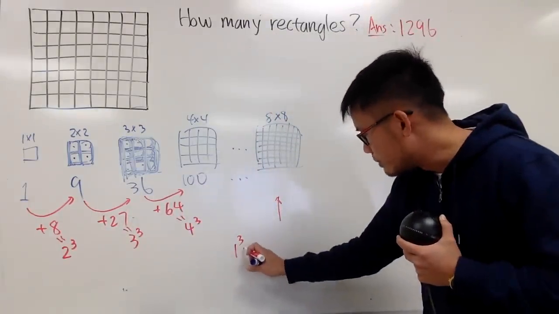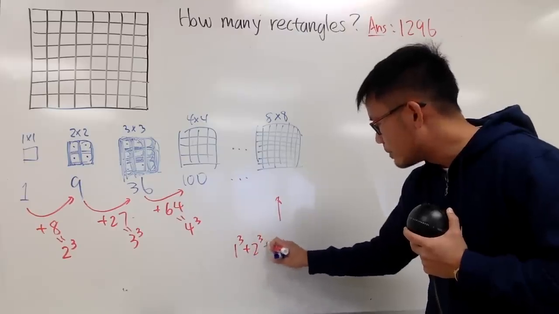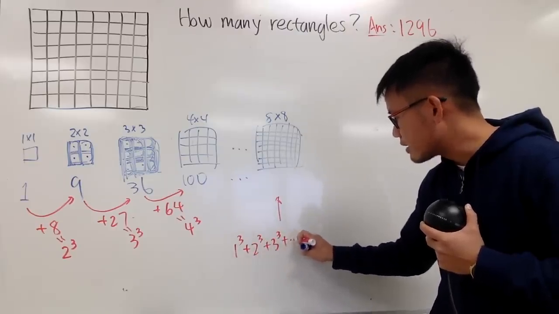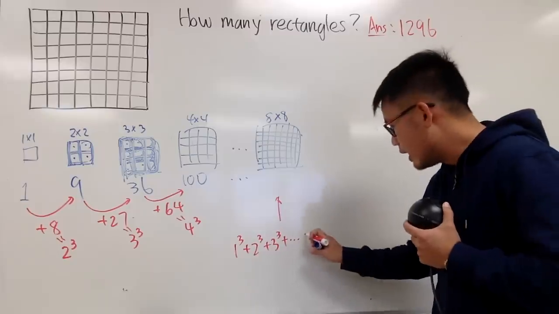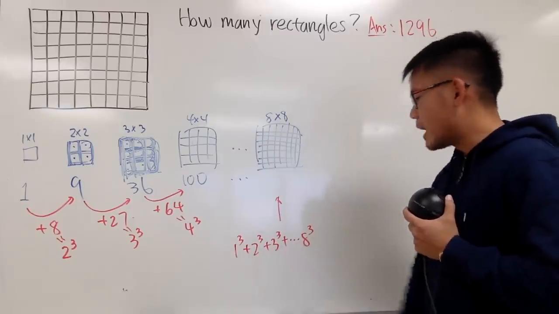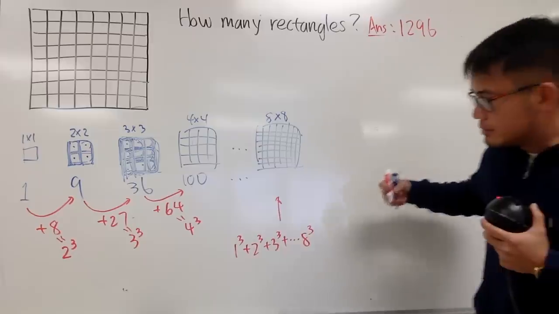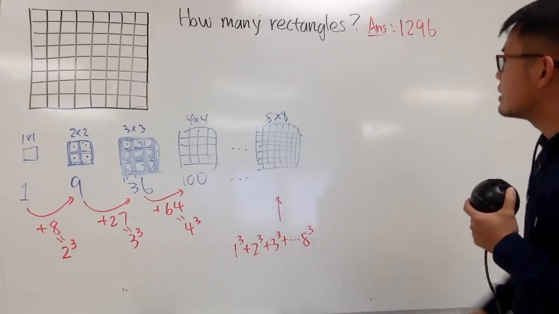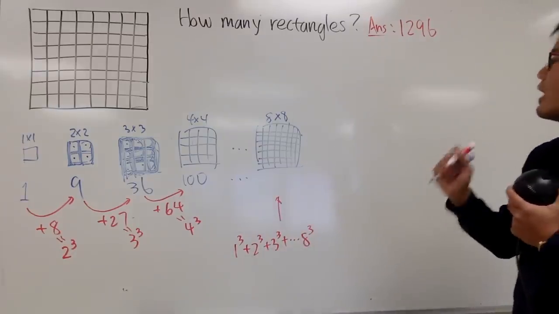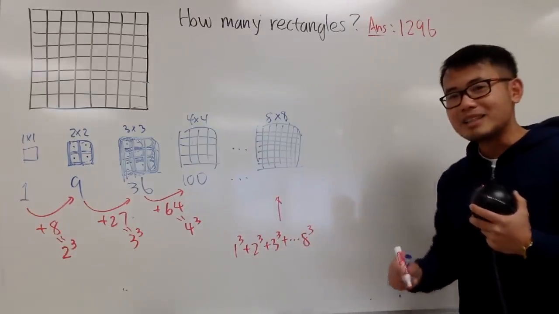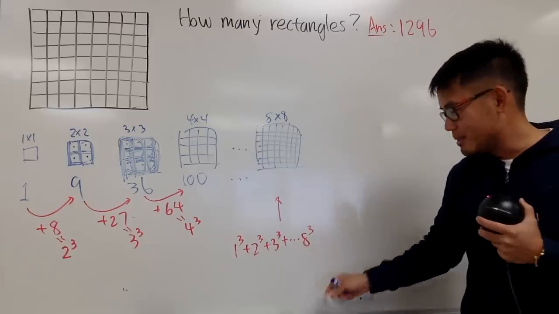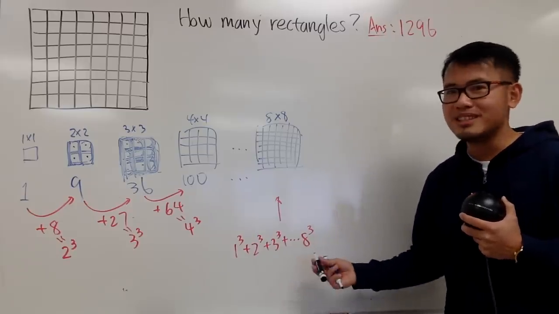So you do 1 to the third power plus 2 to the third power plus 3 to the third power plus dot, dot, dot, up to 8 to the third power. And by now, if you have a calculator, you can just type this onto the calculator, and you'll see the answer is 1296.